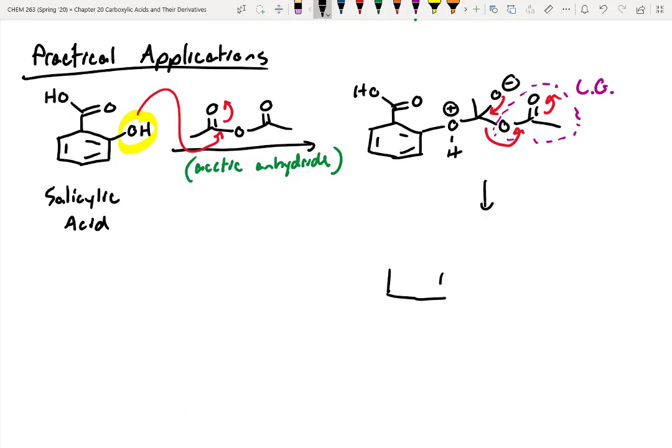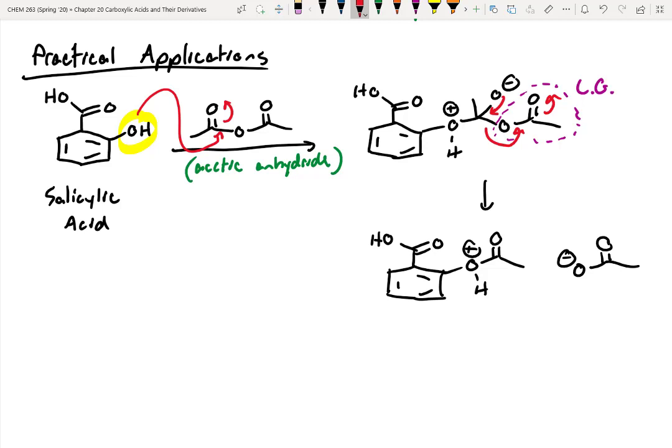So we're not quite done yet. We still have this oxygen with a positive charge, and our leaving group, when it was kicked off, has this negative charge.